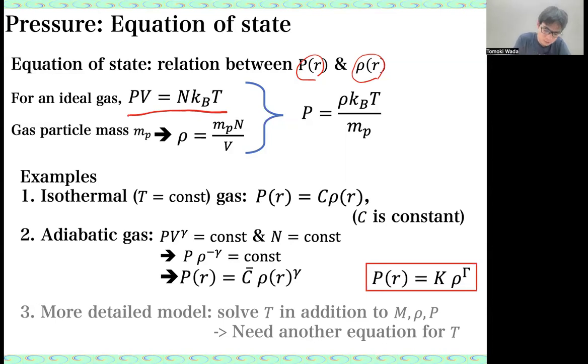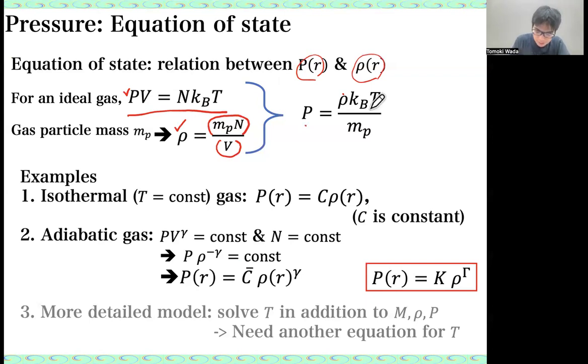In this case, this combination is the total mass of the gas. And when we divide this mass by volume, we get the mass density of the gas. Using these two equations, we get a relation between pressure and mass density. This is the equation of state for an ideal gas.